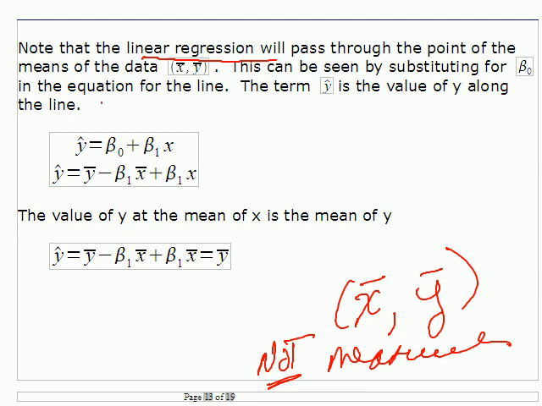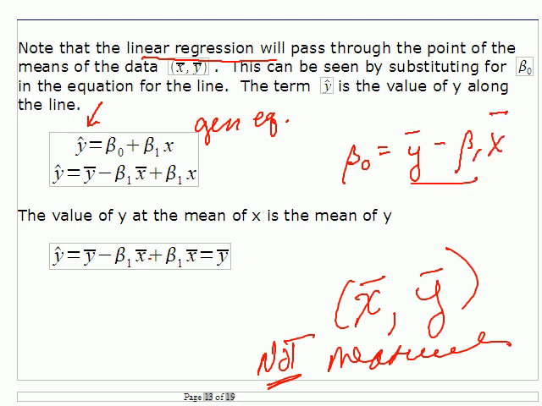Here's the equation for the line in general. Y hat equals beta naught plus beta 1 x. That's just the general equation. What is beta naught? The equation for beta naught is y bar minus beta 1 x bar. So I'll substitute that for beta naught right here. Here's my equation for the line.